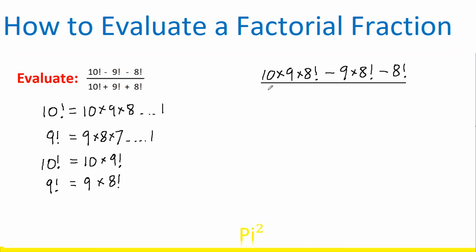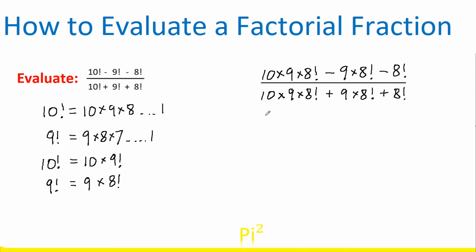And the denominator becomes 10 times 9 times 8 factorial plus 9 times 8 factorial plus 8 factorial. You'll notice that 8 factorial is a common term throughout. So I'm now going to pull that out.